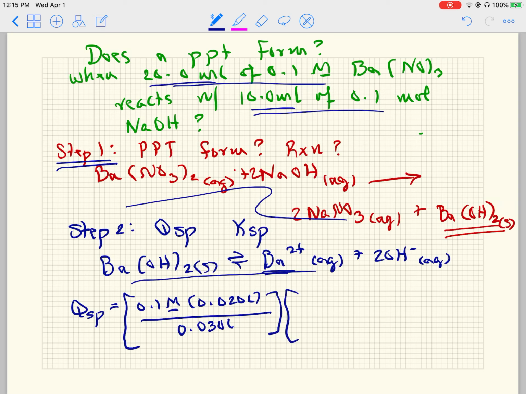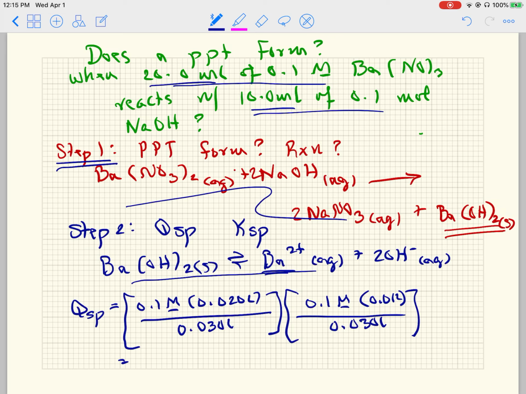And then we're going to multiply it by my hydroxide ion concentration. We're going to have 0.1 molar, and it's 0.01 liters. And then the total volume is 0.030 liters. And again, we have to know how those ions are affected.